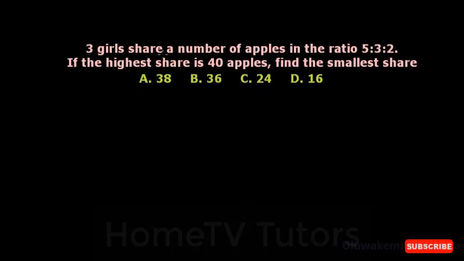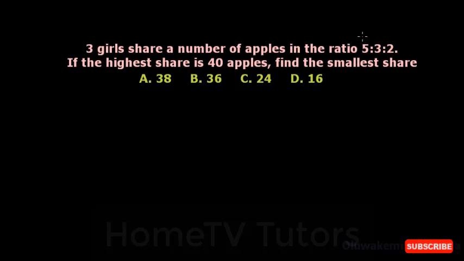Three girls share a number of apples in the ratio of 5 to 3 to 2. If the highest share is 40 apples, find the smallest share. This is a JAMB question. Sometimes you can quickly guess the answer.